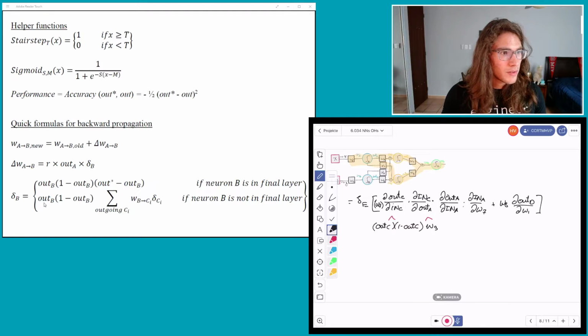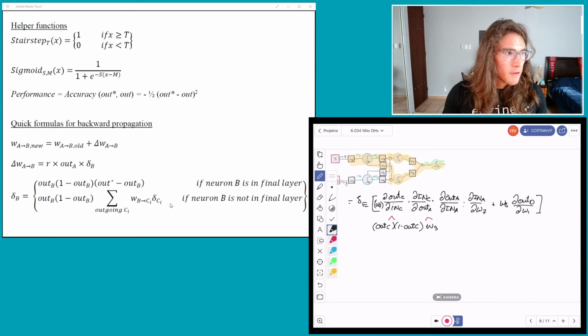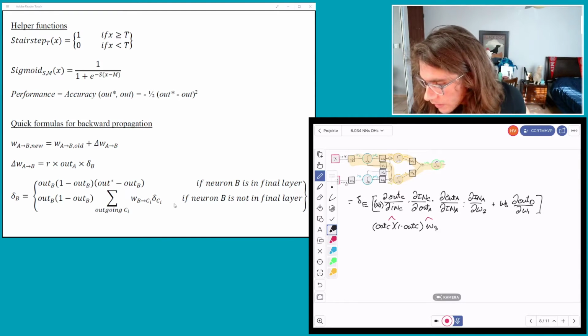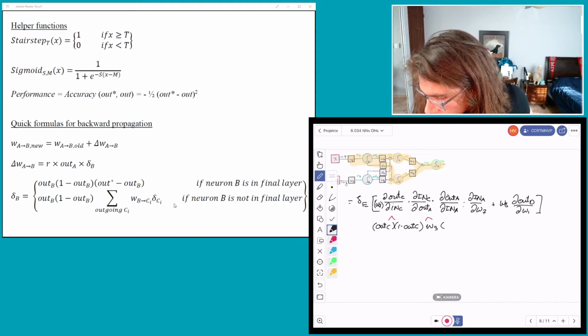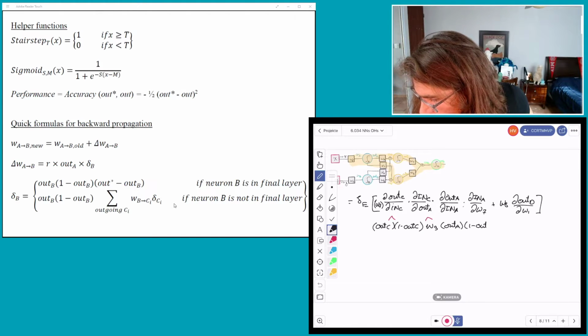So this is out C, 1 minus out C, and I'm looking at the PDF right now. And then I have W3 here, and I am about to go even further back with out A versus in A by doing out A, 1 minus out A.